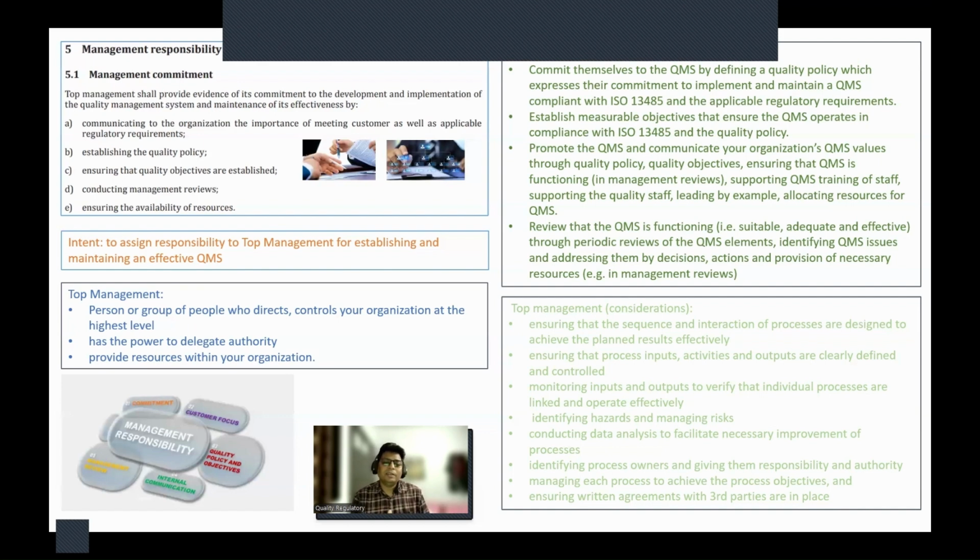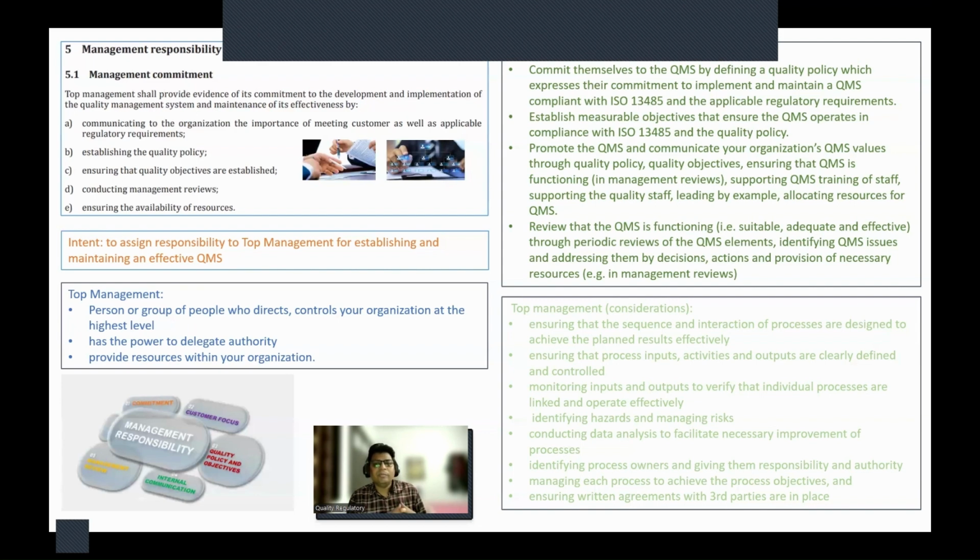Because this standard does not cover the regulatory requirements itself. It emphasizes that the QMS should ensure that regulatory requirements are met, and each country or competent authority can have its own regulatory requirements, so that is what they have to ensure. And establish measurable objectives that ensure the QMS operates in compliance with ISO 13485.